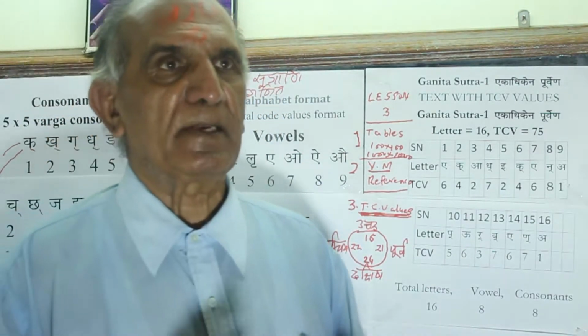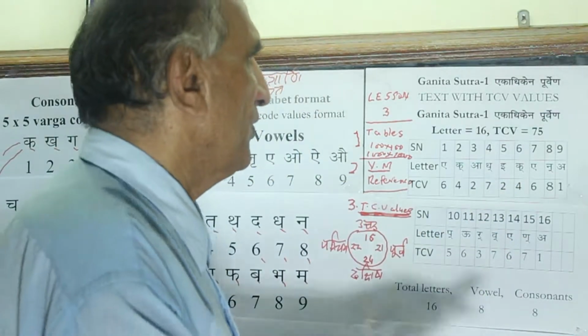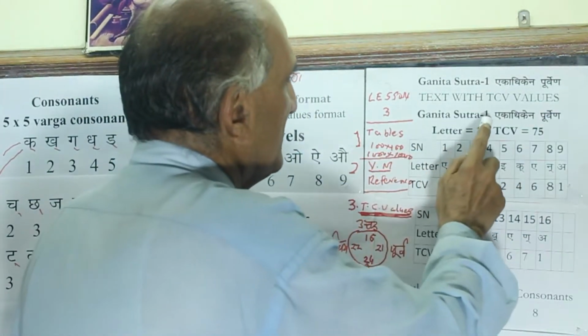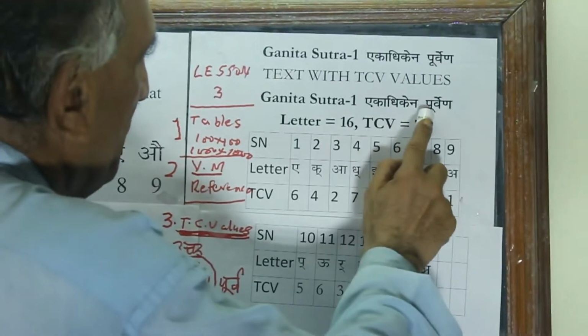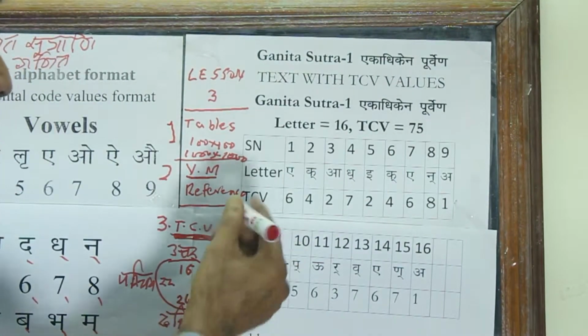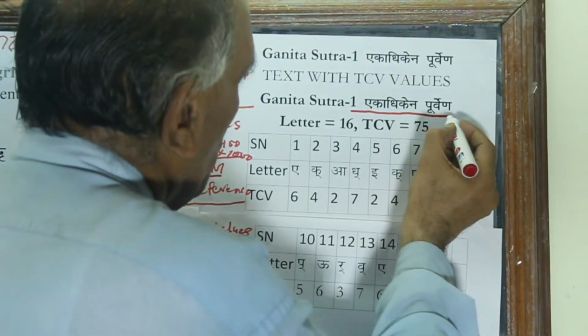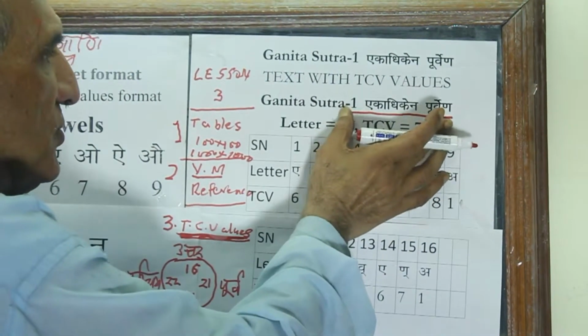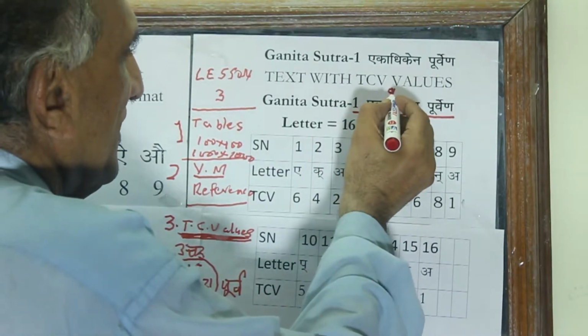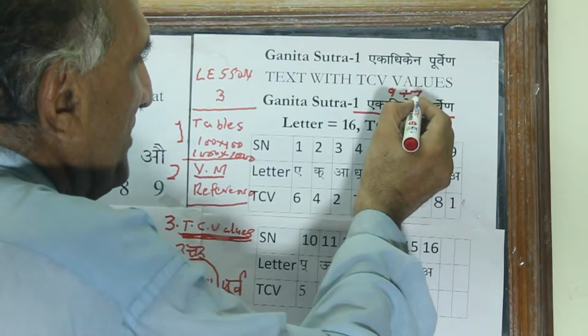Now this principle means that when we go through the text of Eka Adhikena Purve, we will be confronted with a composition of 9 plus 7 equals 16 letters.